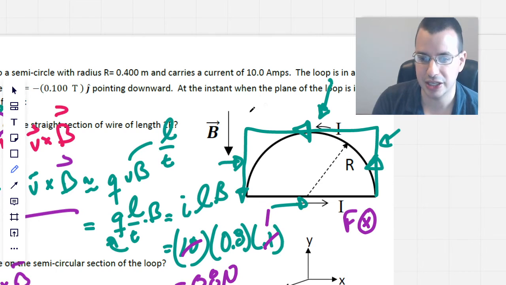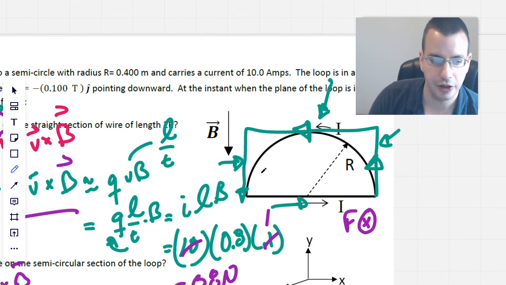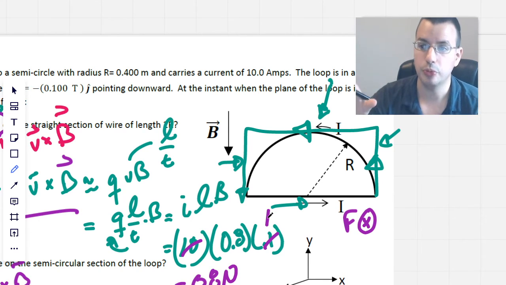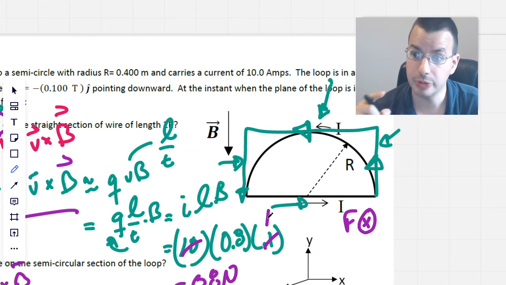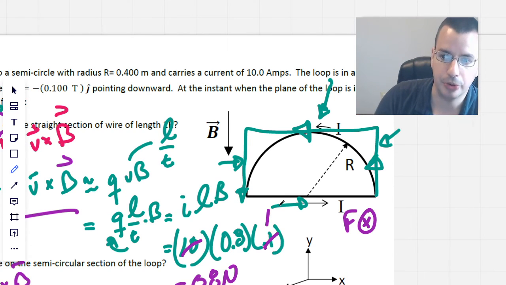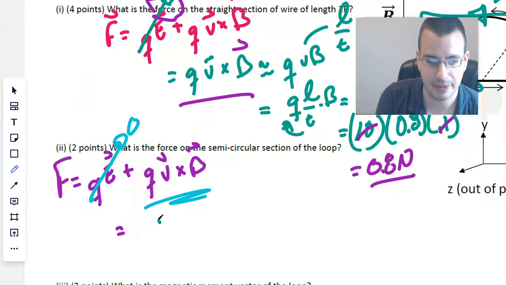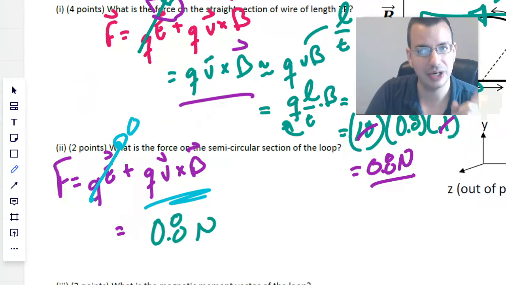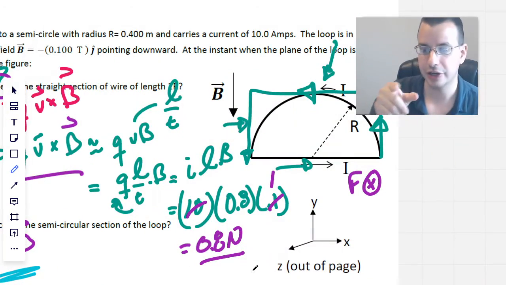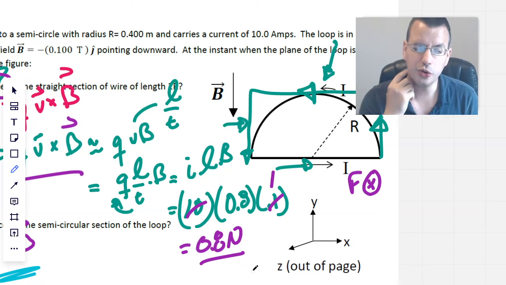And what you're left with is the perpendicular portion of the loop, the current carrying wire, to the magnetic field. That's the only portion that's going to contribute anything. And so it's going to be the exact same as the straight section, which will be 0.8 newtons. Now, one detail here is, if you look at the loop, you're going to do F equals QV cross B.